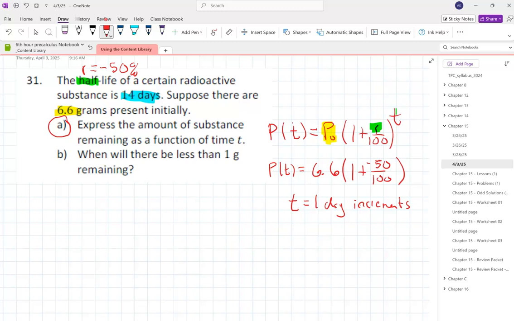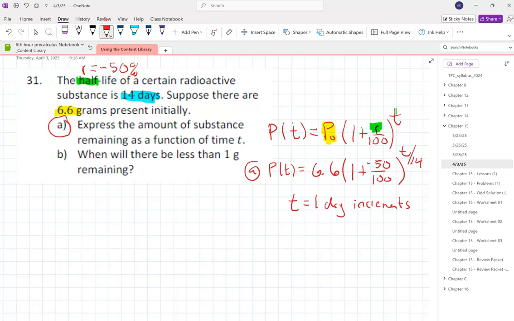So how much of that half-life is going to happen in 1 day? 1/14 of it, right? If it takes 14 days to do a whole one, 1 day is 1/14 of it. So my exponent will be T over 14. So that's my answer for A.